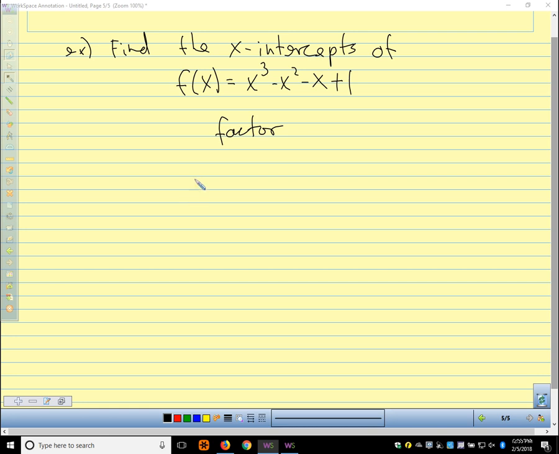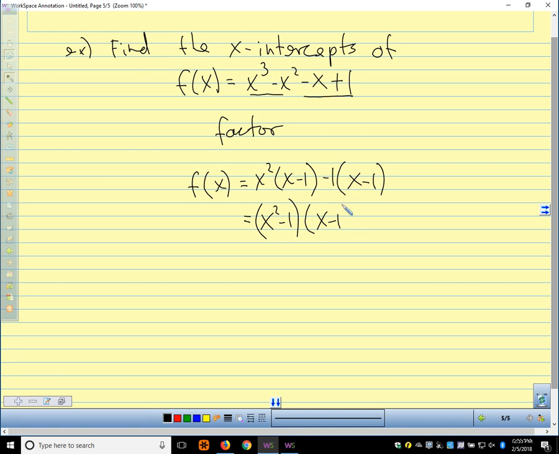Factor by grouping. 4 terms suggest factor by grouping. So I'm going to group these 2 terms, and I'm going to group these 2 terms. So this first, x squared times x minus 1. And here I'm going to factor out a minus 1. So I get an x minus 1 there as well. So this is x squared minus 1 times x minus 1.